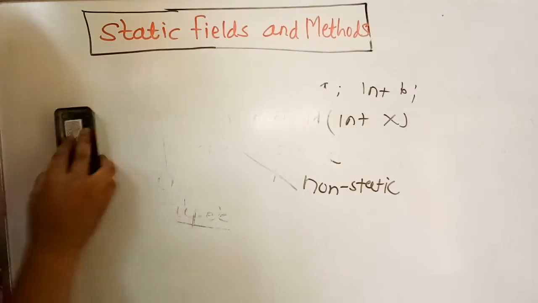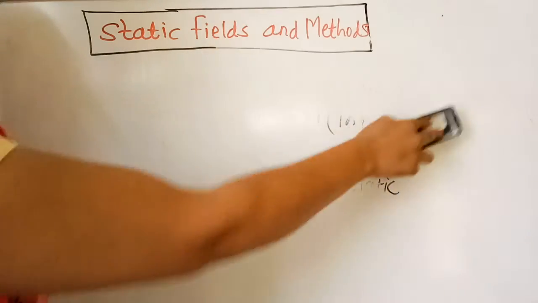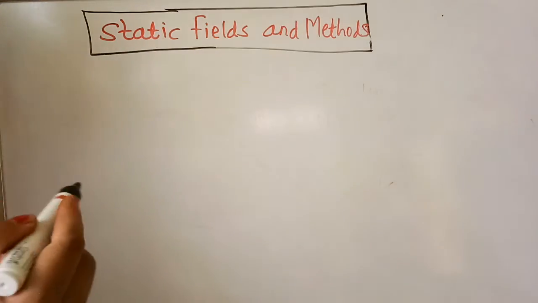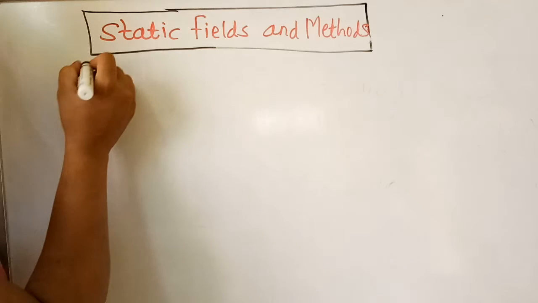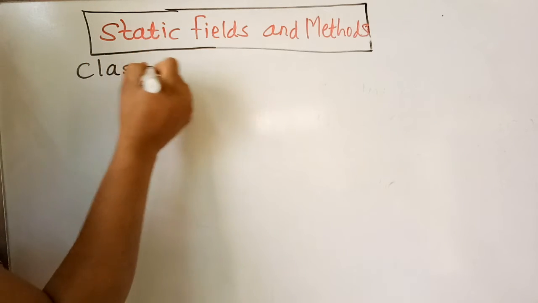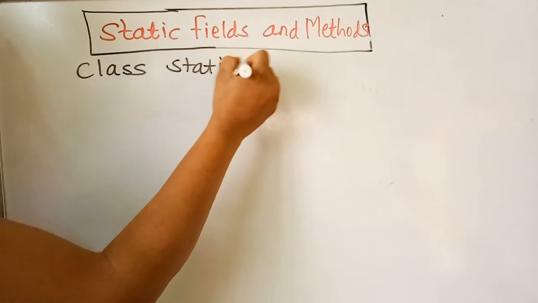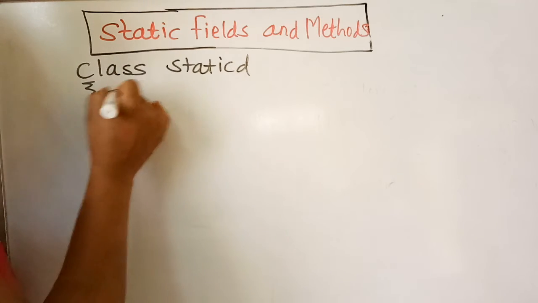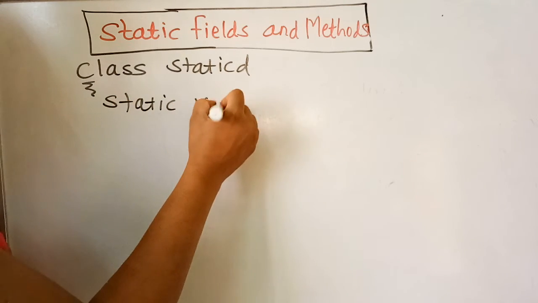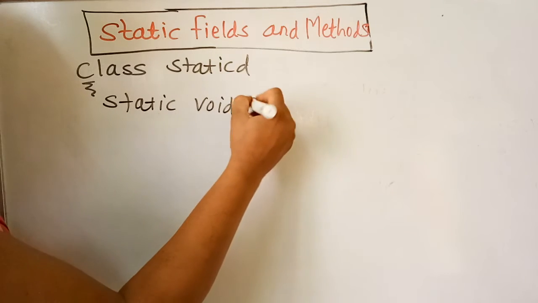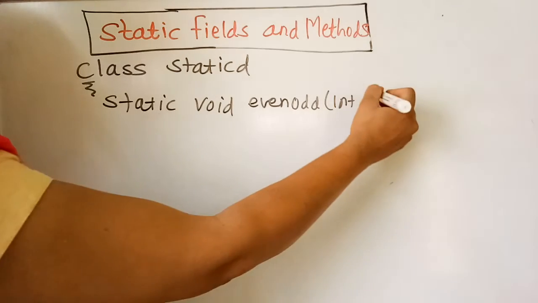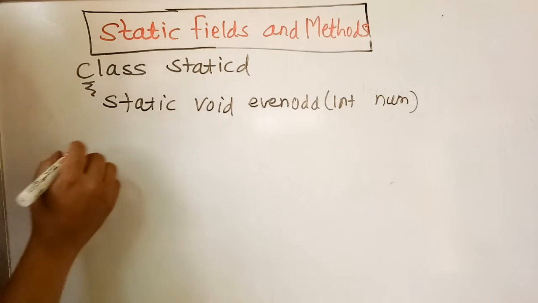Now we will take one example to demonstrate how to use static methods and static fields. For example, class StaticDemo, and in this class we will create one method, static void evenOdd(int number).